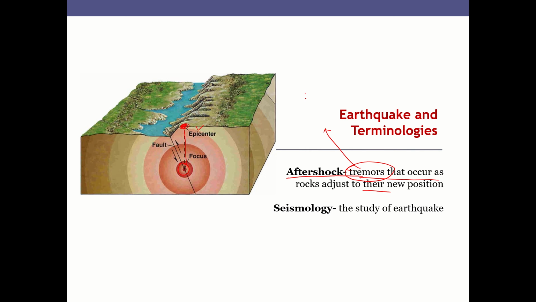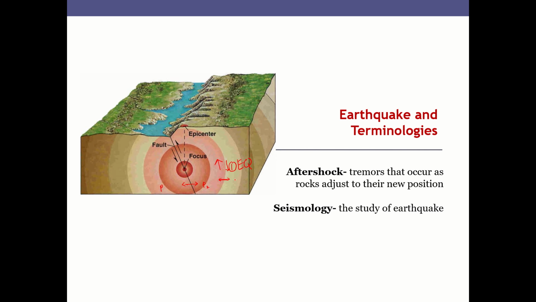What is the difference between earthquake and tremors? Let's say there is a movement, or a rift between one tectonic plate and the other. As a result there is a movement, maybe upward or downward or sideways, and that is termed as earthquake.